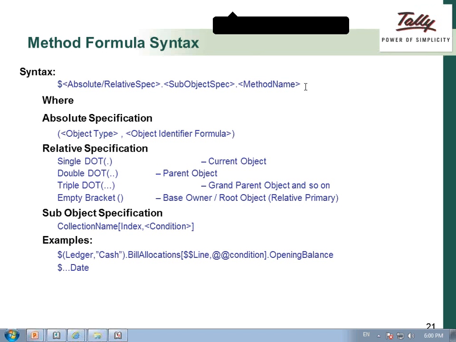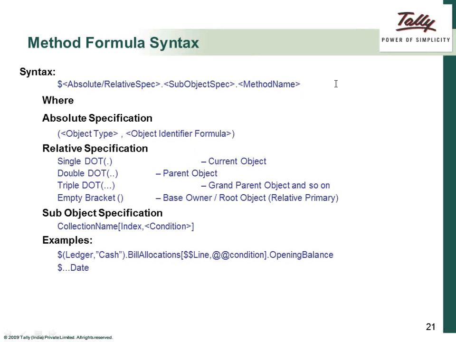So when I have to fetch a value from an absolute path, you need two important things. You need the object type, you should know the object type, and the object identifier formula, which could be a formula, a variable, a text, or a field reference, whatever it is, but a formula which identifies the name of the master, and a dot.